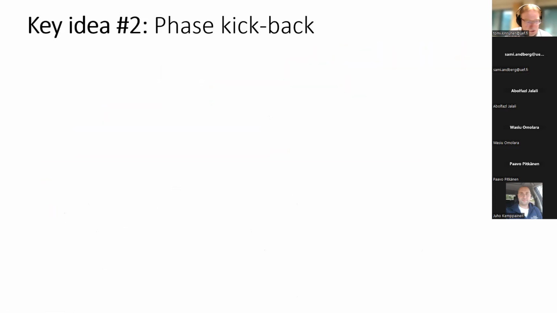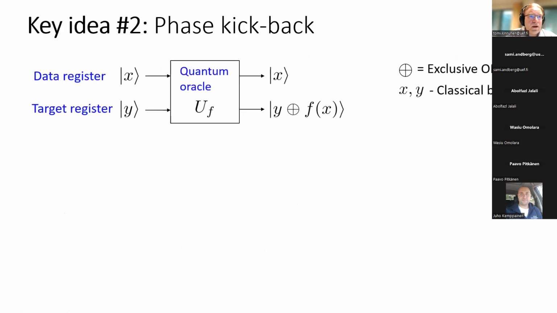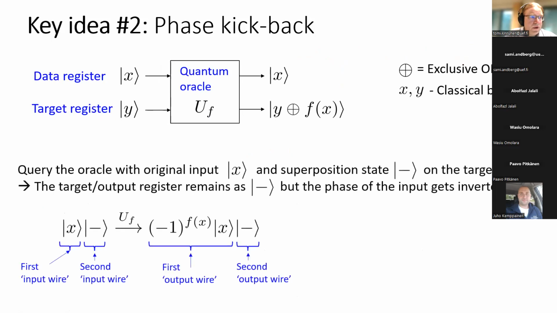The other key idea that is important in many of the oracle algorithms particularly is this phase kickback that we already discussed. Just to remind what this means: we have again the quantum oracle defined in this way.